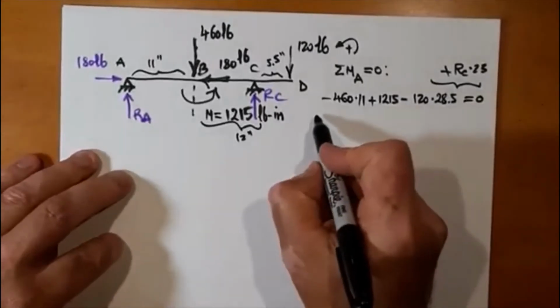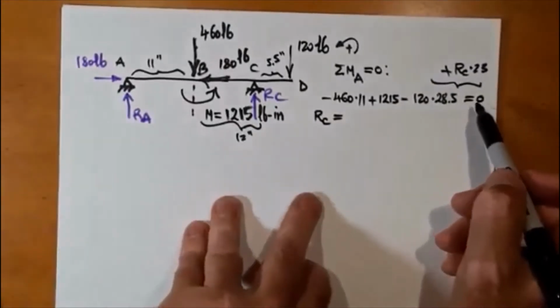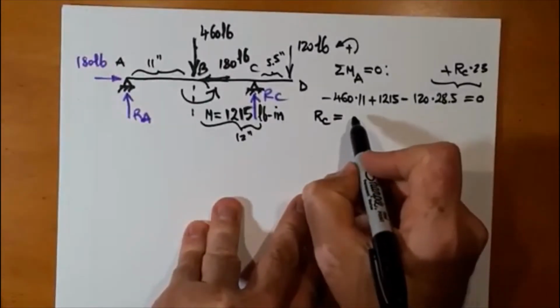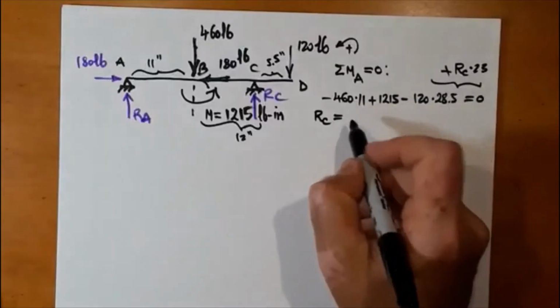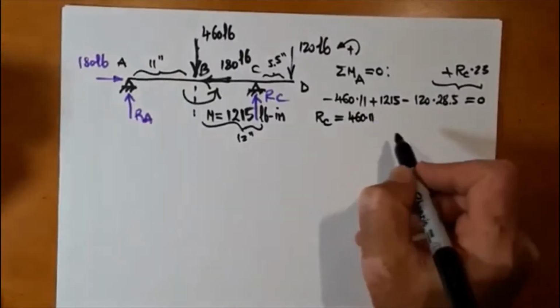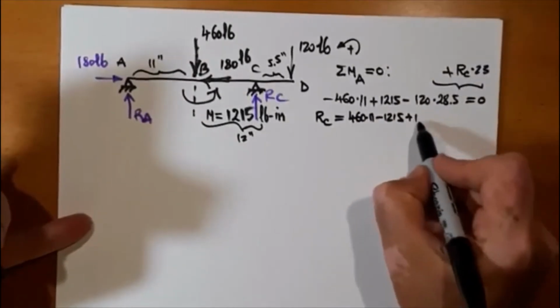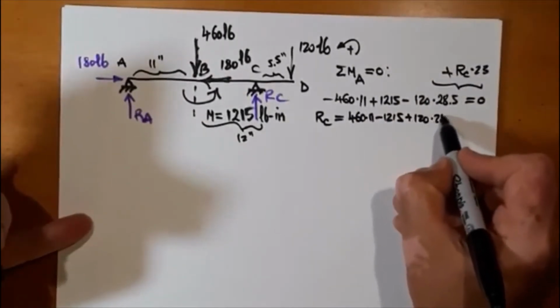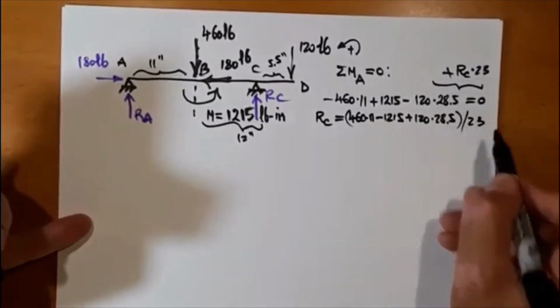All right, so solve for RC, and that's going to be the whole sum here. So 460 times 11, negative 1215, positive 120 times 28.5, divided by 23.